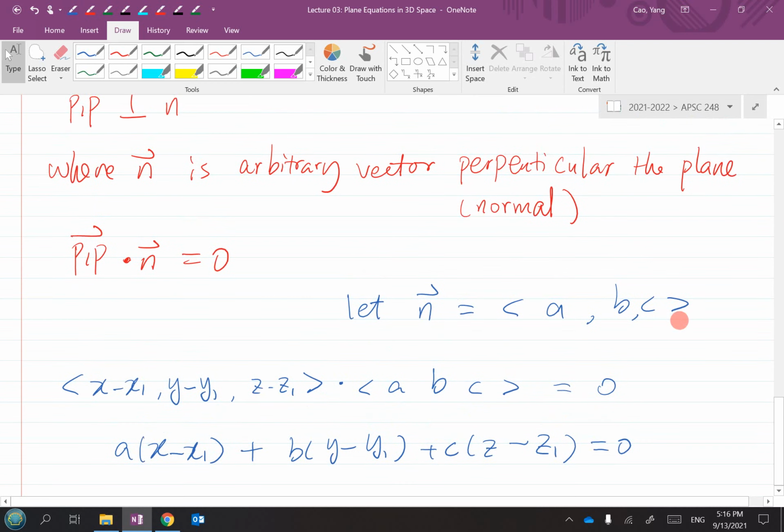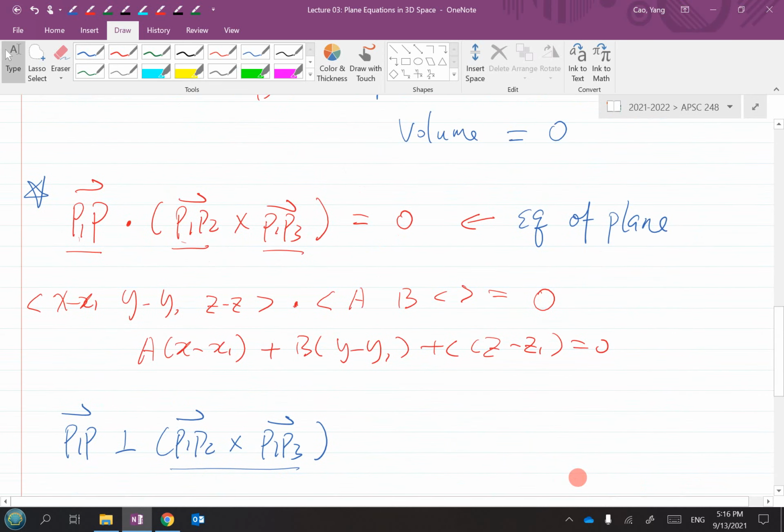All right, so maybe before I proceed, let me ask you another question, see if you can answer this one correctly. First, be clear with the symbols I have listed here, okay? So the n here is an arbitrary vector perpendicular to the plane with certain values of a, b, c. And then over here, I have a capital ABC that's calculated based on this cross product, right?